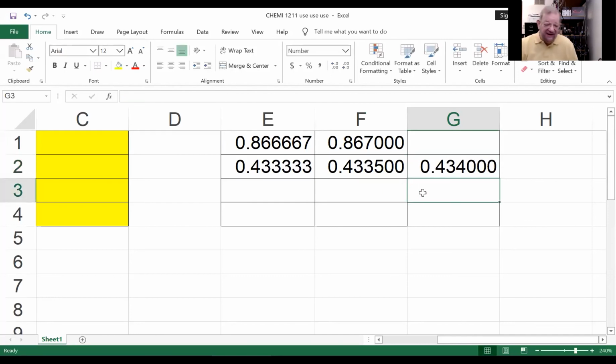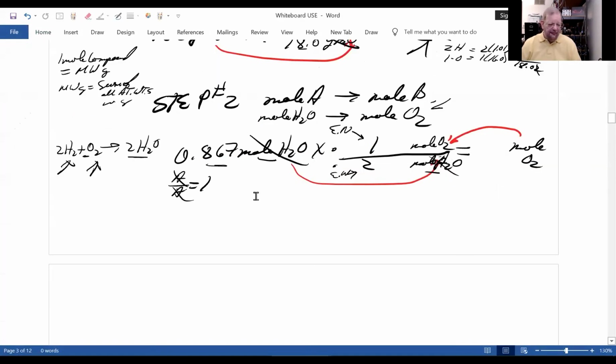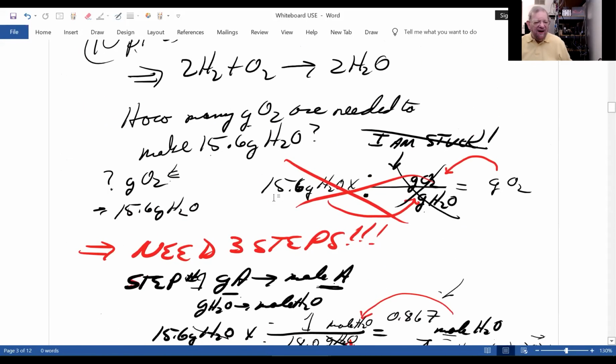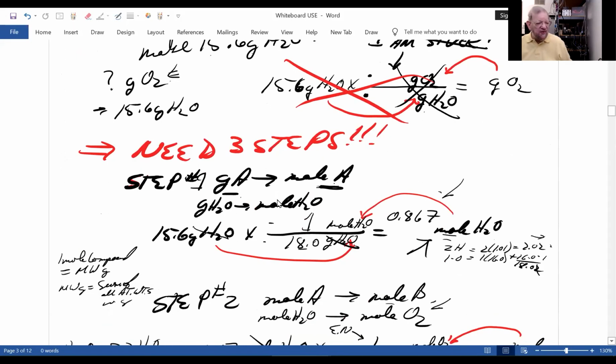And this is how I do my calculations. So here's my second answer, and I'll write it: 0.434. If you're not rounding off, this is where you're at, right here. And now I have moles of B. Am I done? No.